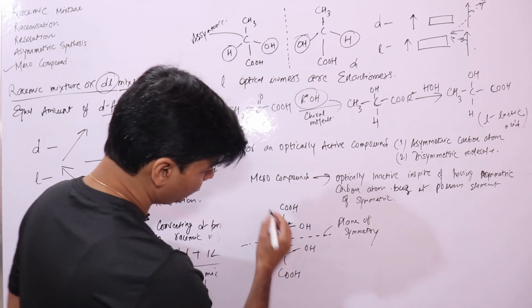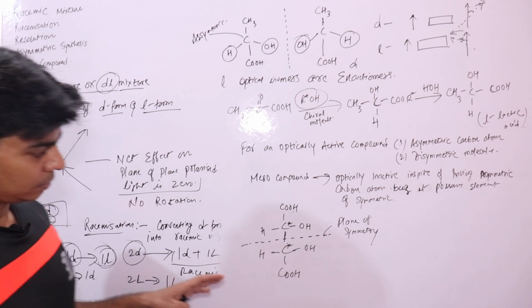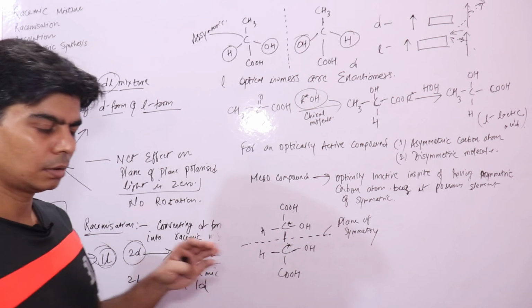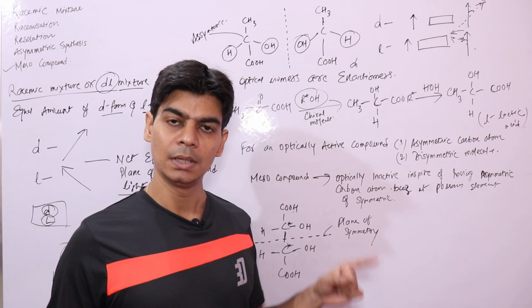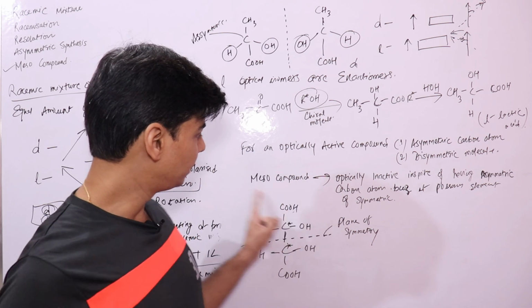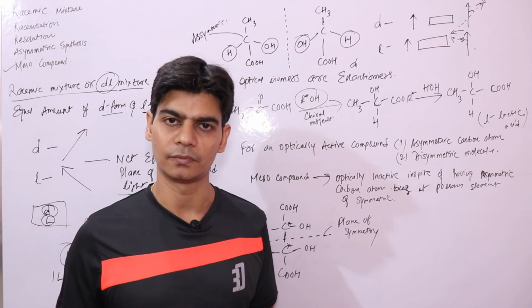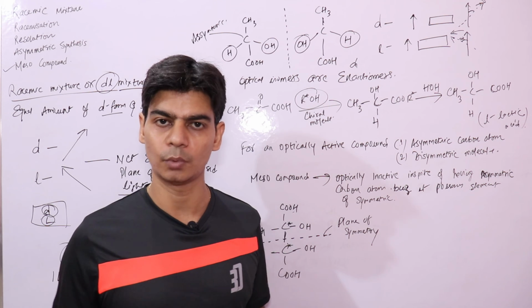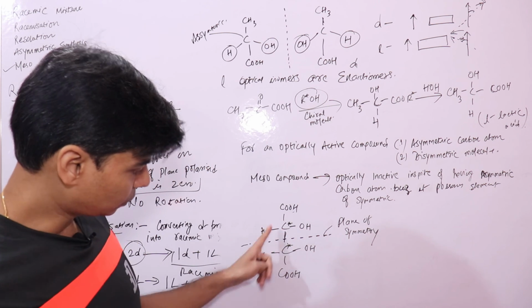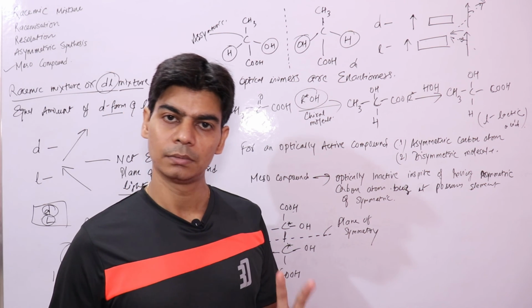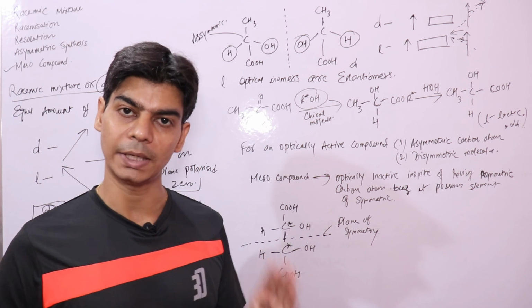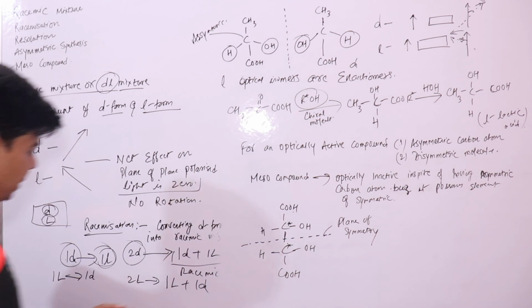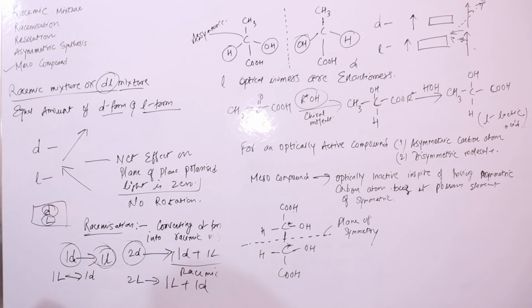Now if we look at the action of plane polarized light on this compound, we said that meso compounds are optically inactive. That means they will not rotate the plane of polarized light. Now this compound has two chiral carbons, but still we say it will not rotate the plane of polarized light. Why not? It's behaving like a racemic mixture.